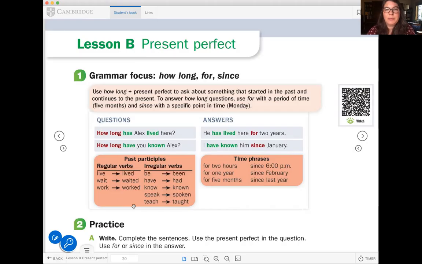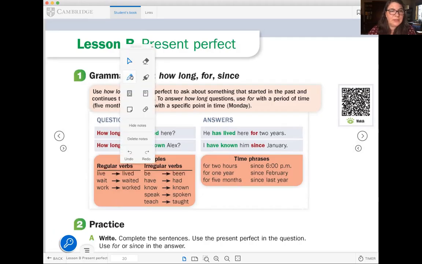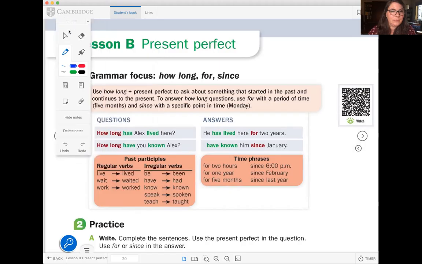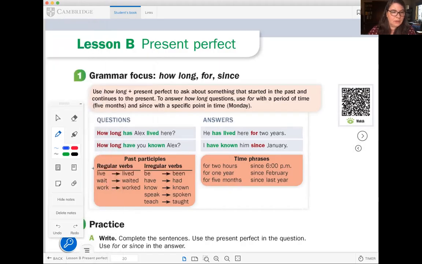So past participles, I will show you a whole list of them in a moment, but these are ones we're going to practice. So regular, if you notice, you just add ed, right? Live, lived, wait, waited, work, worked, okay? The irregular are different and you just need to practice and learn them, okay? How long have you been here, right?